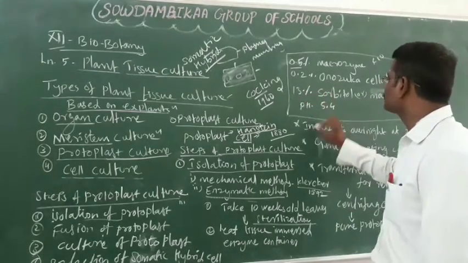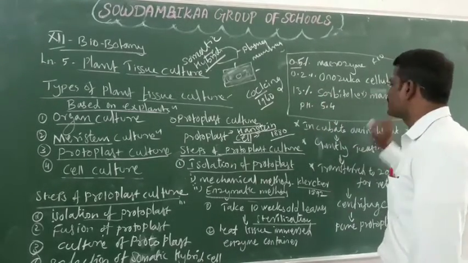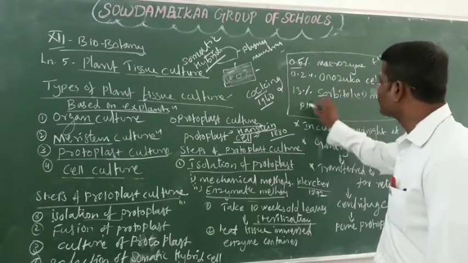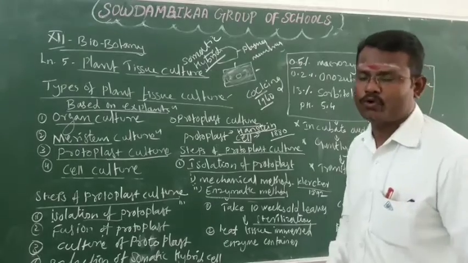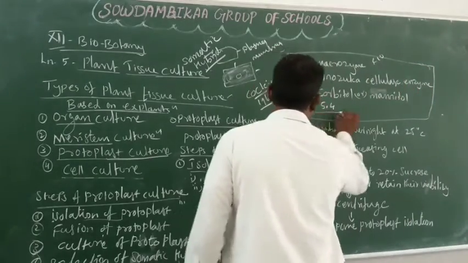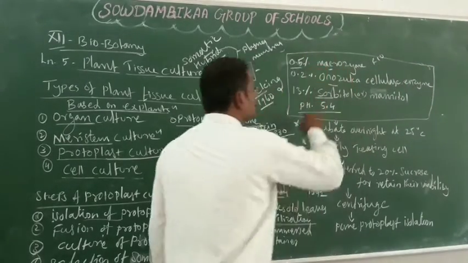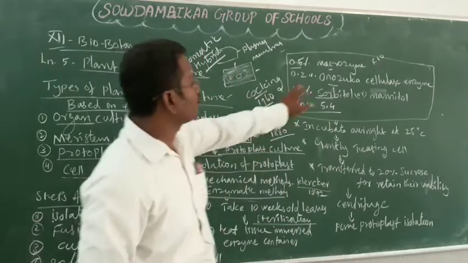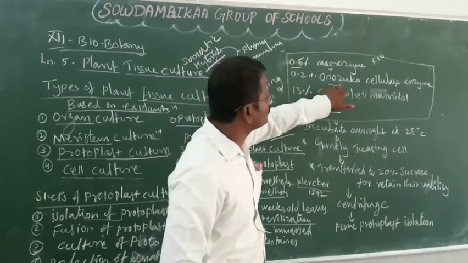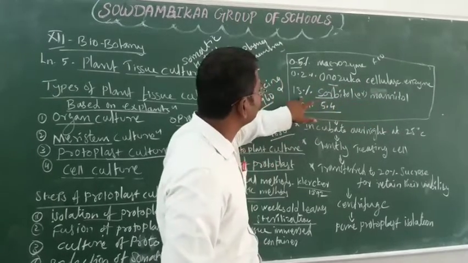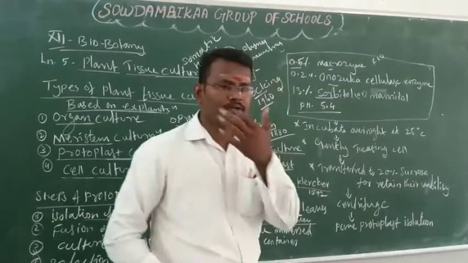Another one is 30% of sorbitol or mannitol. And the pH of this medium will be 5.4. This is important. One more question: how much percentage? 0.5% of macerozyme, 0.2% of Onozuka cellulase enzyme, and 30% of sorbitol or mannitol.